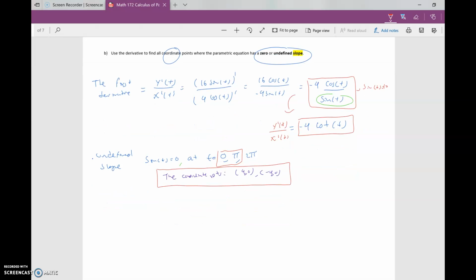And then technically 0 slope, it's going to be when the numerator is equal to 0. So where cosine of t is equal to 0. So in this case, t is going to be equal to, well, your pi over 2 and the 3 pi over 2. So which is going to give us the following coordinate points.